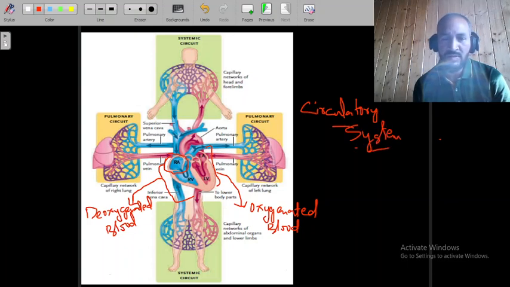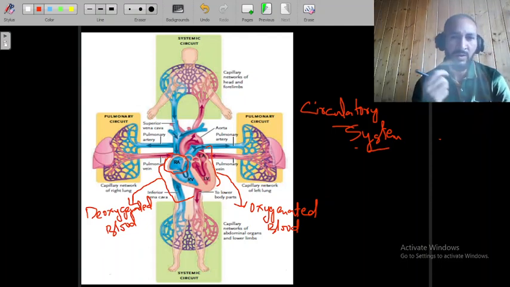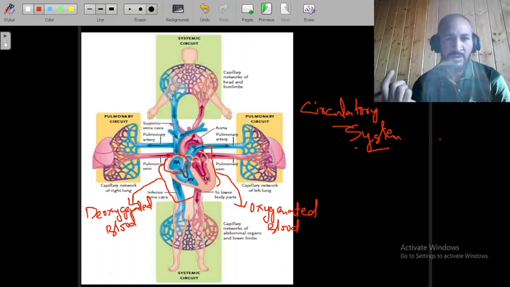It transports nutrients, it transports oxygen around your body to your cells. Now, when cells take up this oxygen from blood, the oxygen diffuses through capillaries into your cells.